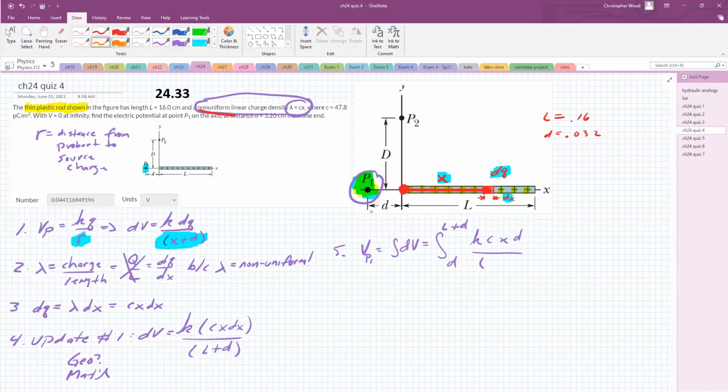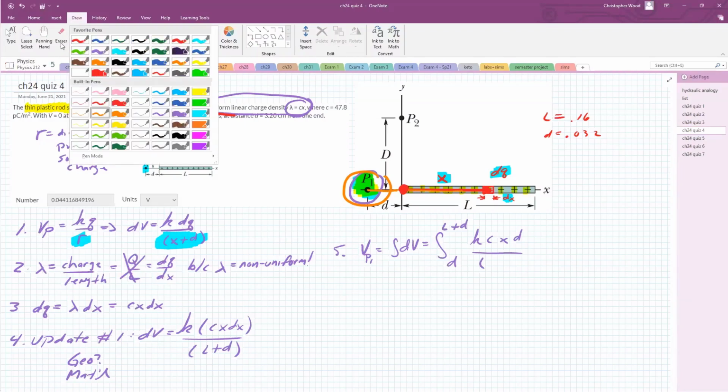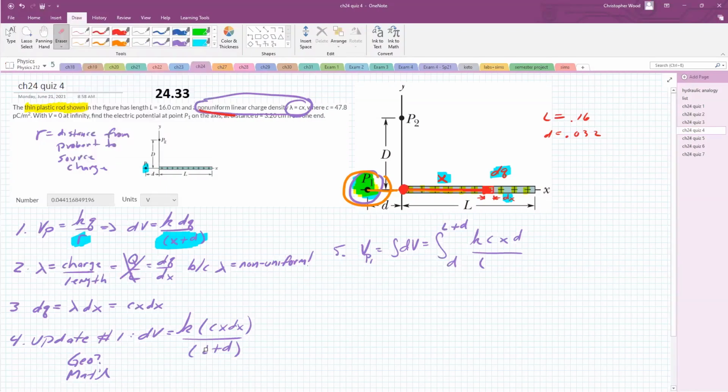Here's Probert right here. The distance from Probert to this differential source charge is D plus X. So that looks good there, which means I should fix it here. X plus D. I'll fix it there. And then right here, this is X plus D. And then we're done. You guys can take it from here.